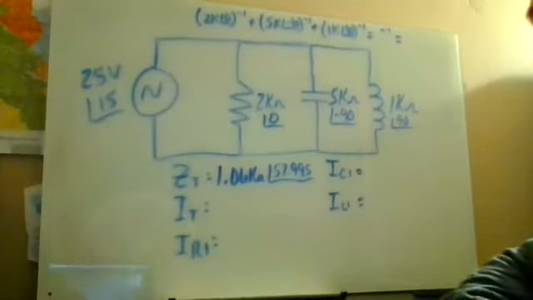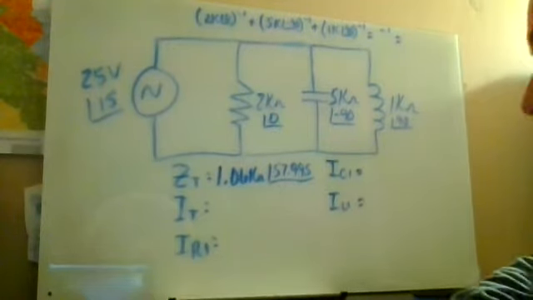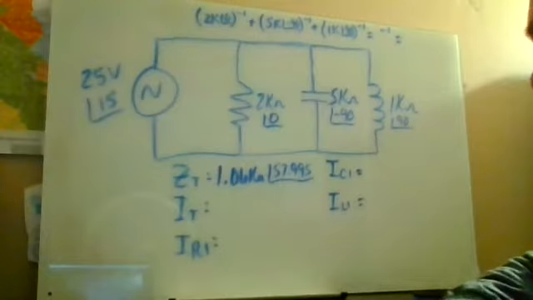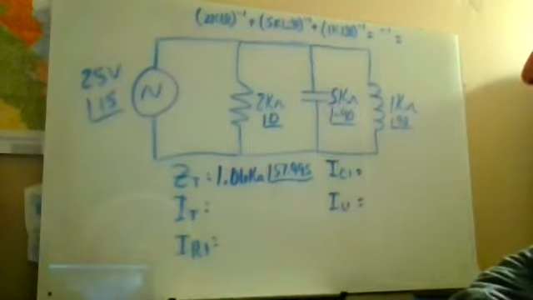Does everybody remember how to save it in your calculator once you got your Z total? Remember you hit that little arrow and then alpha and Z and hit execute, and it saves your Z total in Z. Then all you gotta do is put 25 at an angle of 15 divided by alpha Z, and then hit equal.